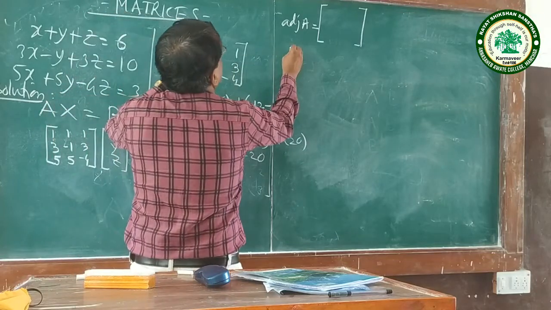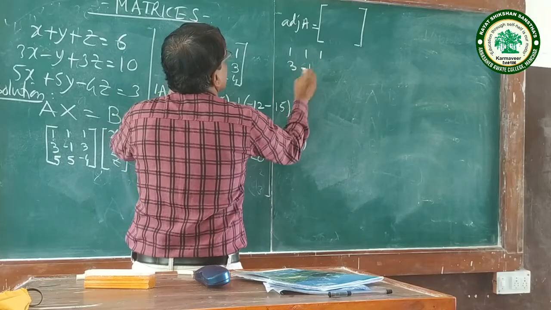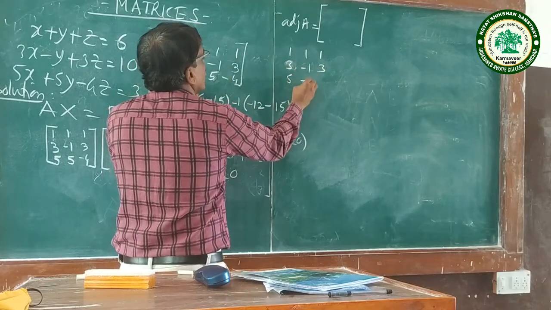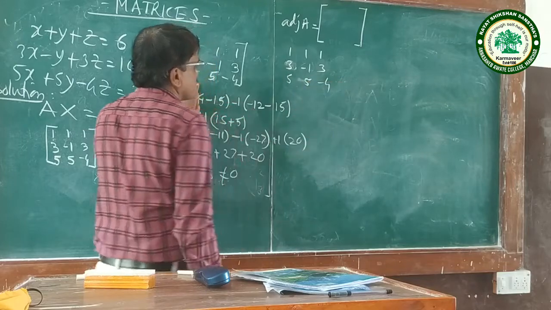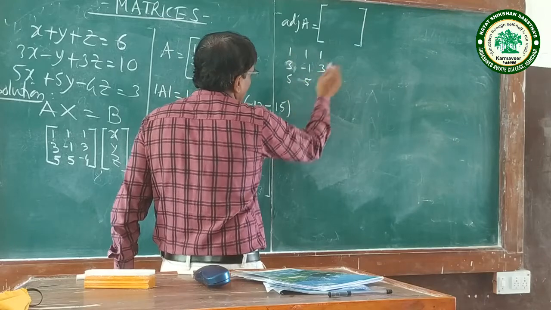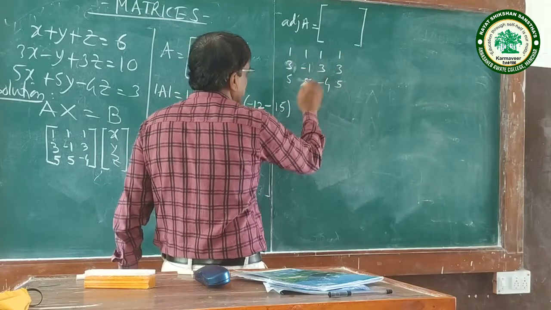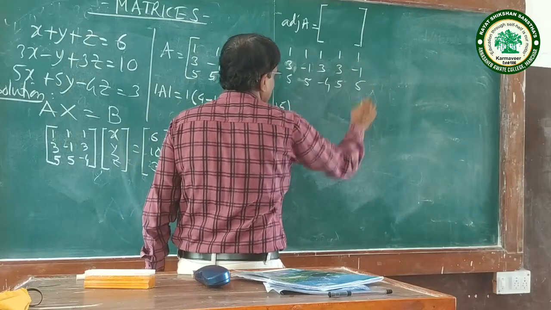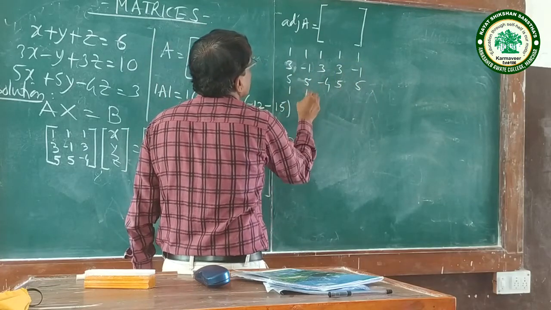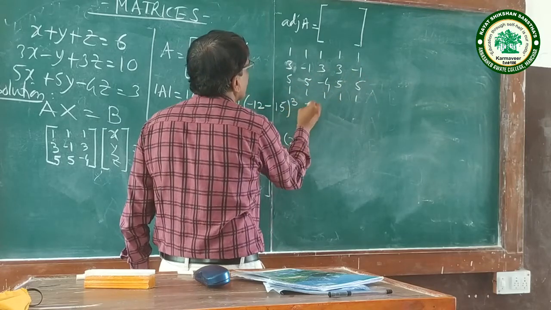Write the matrix: first row 1 1 1, second 3 minus 1 3, third 5 5 minus 4. Write the first column as the fourth column, write the second column as the fifth column. Now write the first row of 5 elements as the fourth row, write the second row of 5 elements as the fifth row.